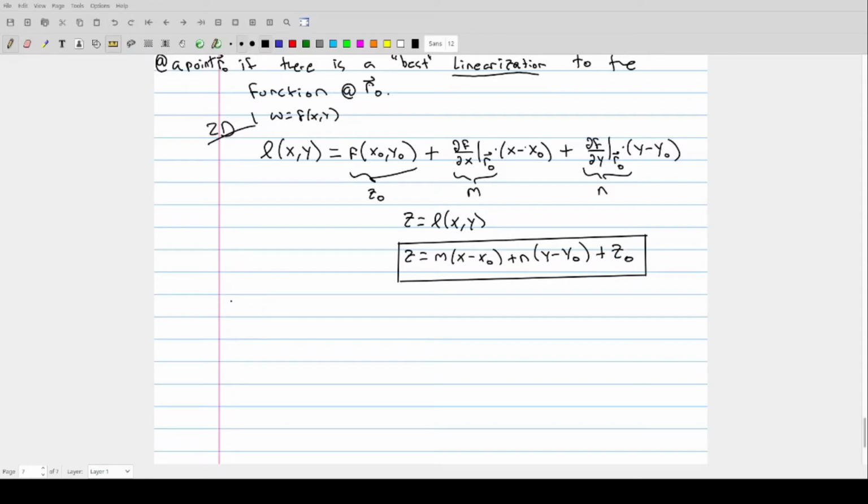If you want to approximate the value of a given function f for points that are very close to x naught, y naught, say, if a function is differentiable at a point, so this linearization exists and it's a good approximation around a point, if you zoom in very close to the point x naught, y naught, so in this region right here, when you're very, very close, say within delta, where delta is a very small value, of the point x naught, y naught, then the value of the function inside this region, we'll call it D, is approximately equal to this linearization.